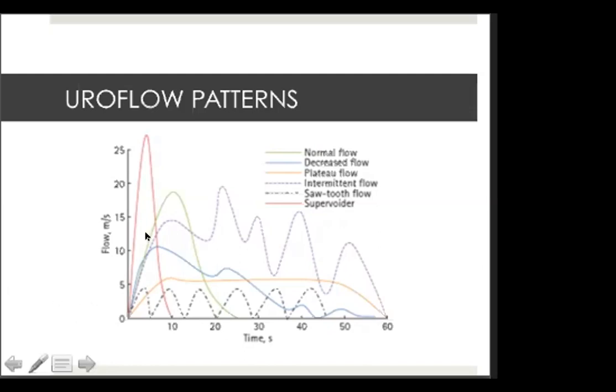So for the supervoider, itong mataas. So this is seen in patients post-surgery for bladder outlet obstruction, for example, post-TURP or urethroplasty. So in patients with decreased urethral resistance and sphincter deficiency, or occasionally in those with detrusor overactivity.